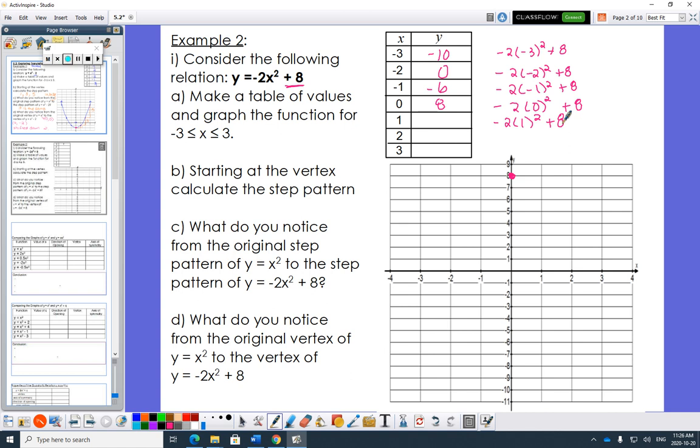One squared is 1 times negative 2 is negative 2 plus 8 is 6. 2 squared is 4 times negative 2 is negative 8 plus 8 is 0.